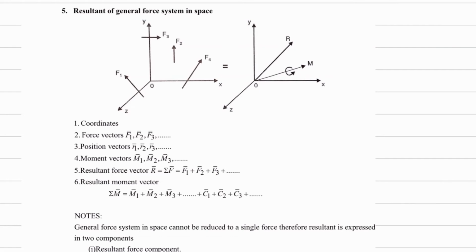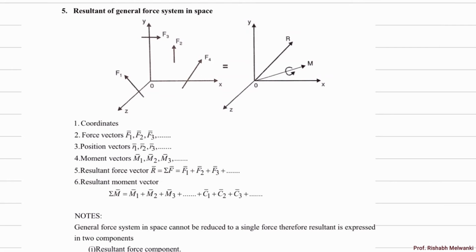Next type of numerical is the resultant of a general force system in space. Now observe this: here we have the x-axis, then y-axis and z-axis, and you can observe the directions of forces F1, F2, F3 and F4.